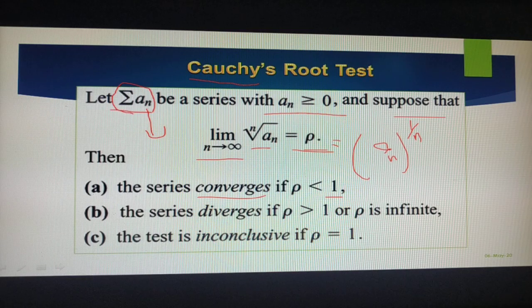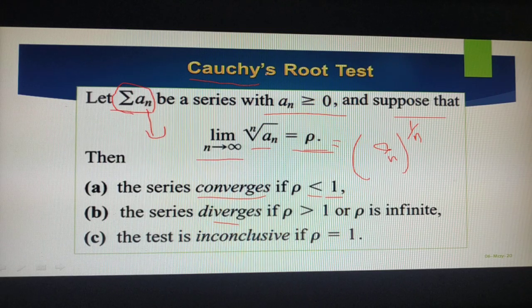Suppose the limit, here rho, is less than 1, then the series converges. If rho is greater than 1, which may also mean infinite, then the series diverges.